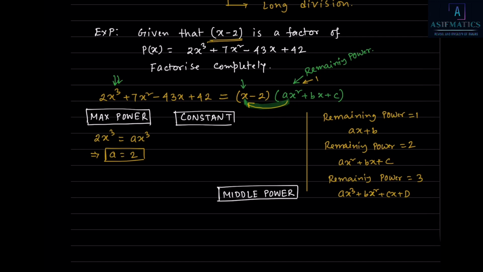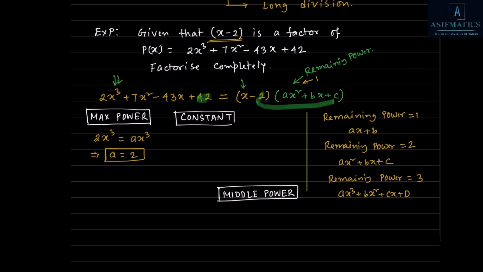So the constant here is 42, and that has to be equated with this 2 times c, right? You can get your constant value, because if you multiply this 2, there will be no x or x squared.